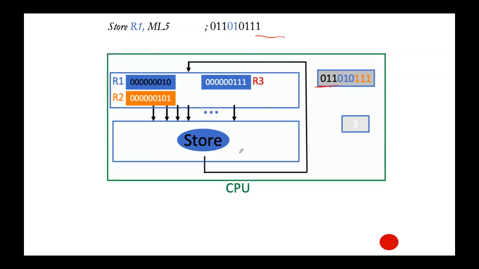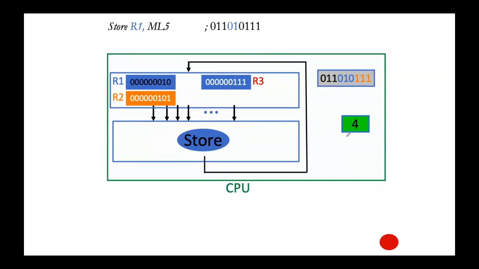For that it requires the operands: the content of your R1 and the content of memory location 5. The result is to store the content of your R1 into memory location 5. So it is a single instruction.